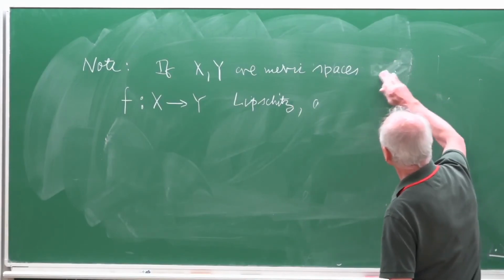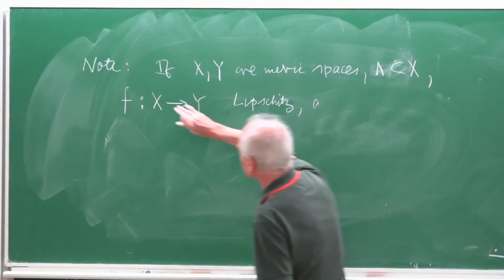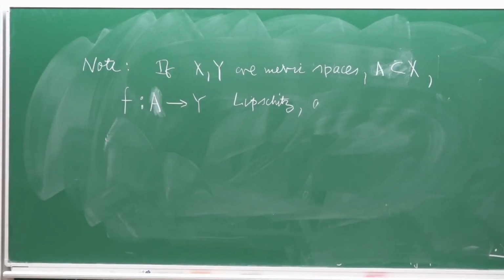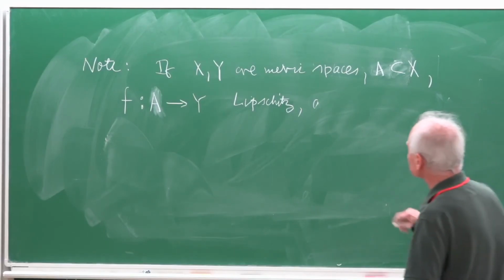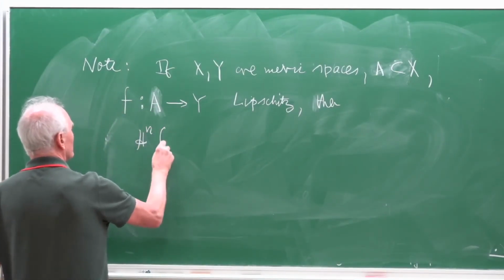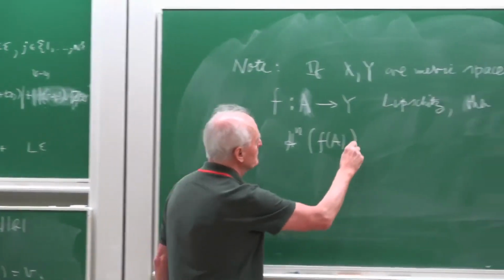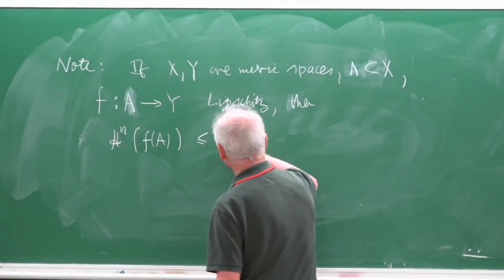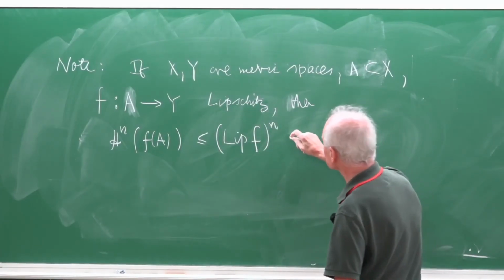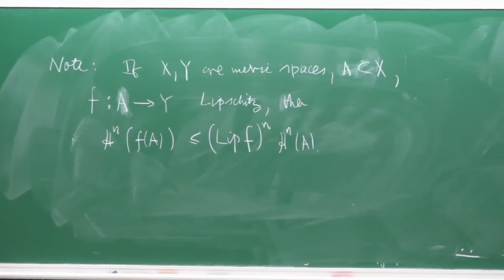X and Y metric spaces, and if A is contained in X, and F from A to Y, so F is not defined on the whole space, it's just defined on the subset A, Lipschitz, then the n-dimensional Hausdorff measure of the image set F(A) is less than or equal to the Lipschitz constant of F to the nth power times the Hausdorff measure of A. And A doesn't have to be measurable here, it doesn't matter.